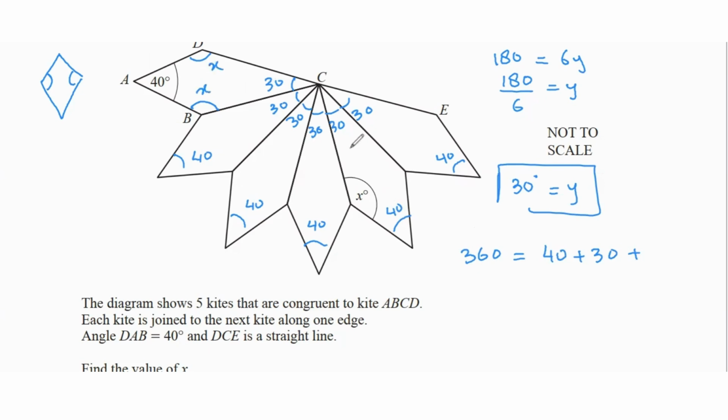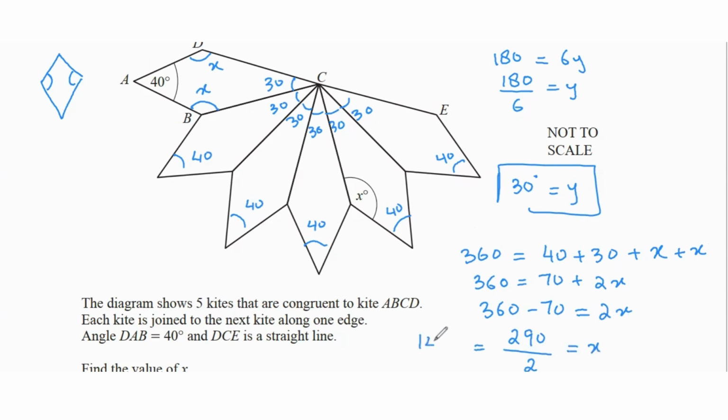Why? Because this is x, so this is also going to be x. So that's 360 equals 70 plus 2x. Subtract 70 from 360, which gives us 290. Now 290 divided by 2 is 145. So 145 degrees is the value of x.